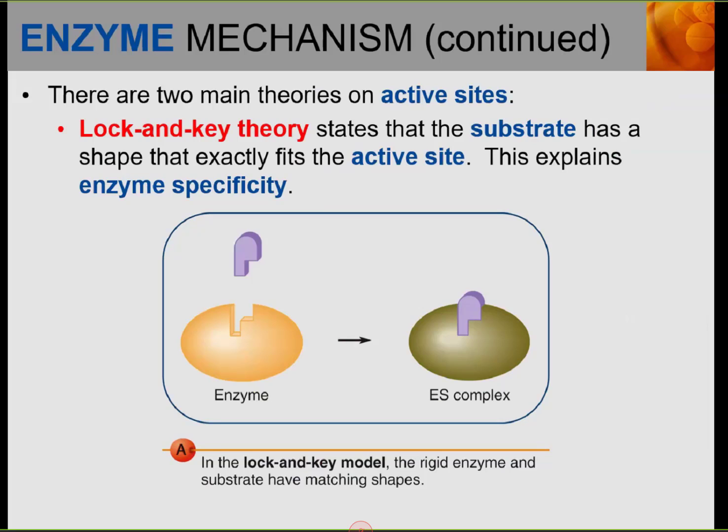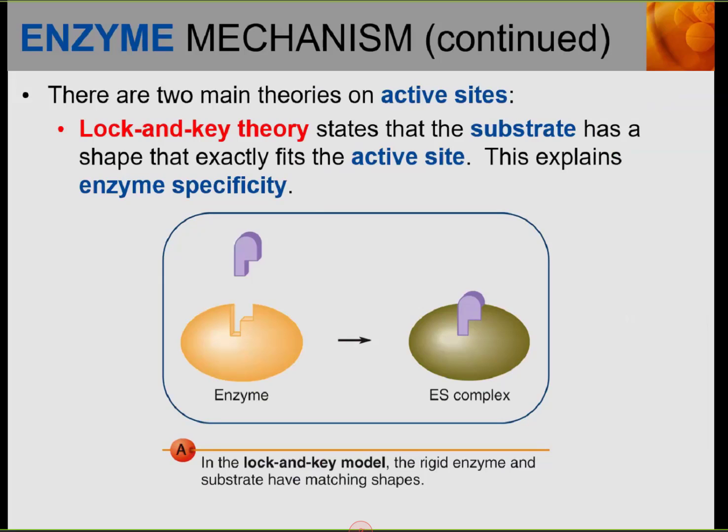So how does it make this enzyme substrate complex? One method is called the lock and key model. The enzyme is a large molecule, a part of a protein, and the substrates are generally much smaller molecules.